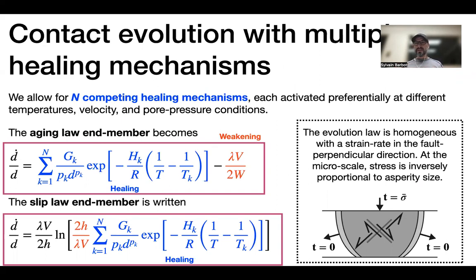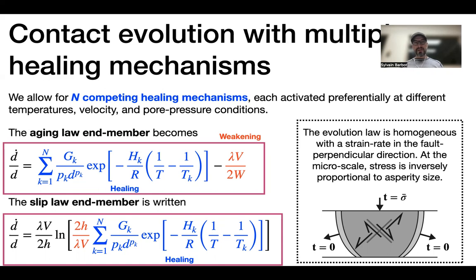The slip law explains the symmetry observed in the lab for up and down velocity steps. That is not captured as well by the aging law. However, the slip law cannot explain healing at stationary contact, and that can be captured by the aging law. So there are pros and cons for these two different end members, and we're simply going to consider them both as end members and see how things work.